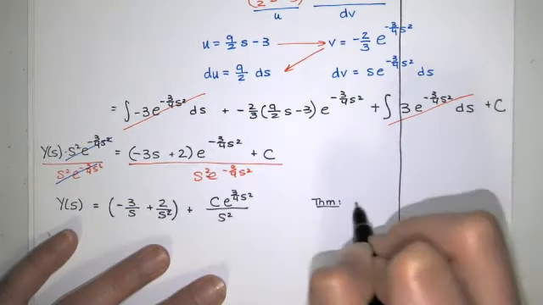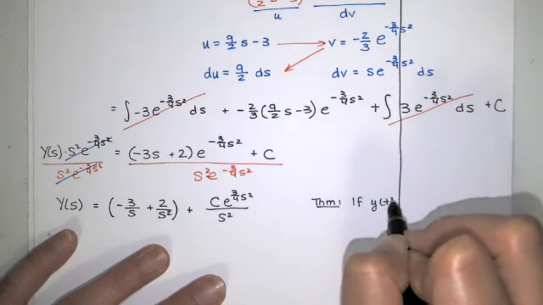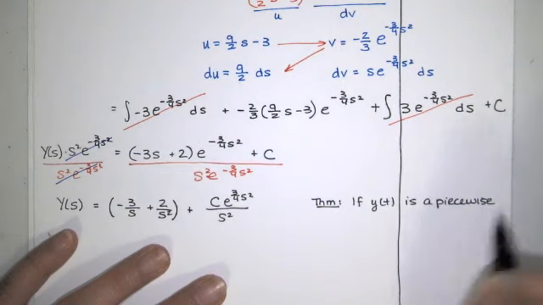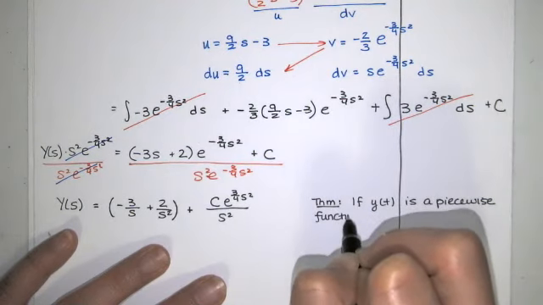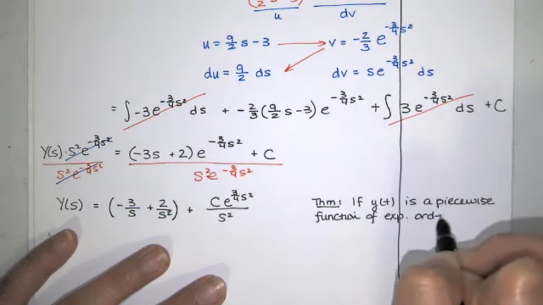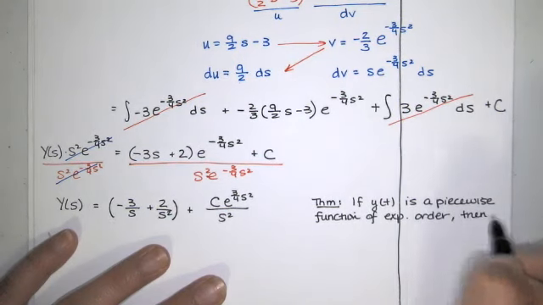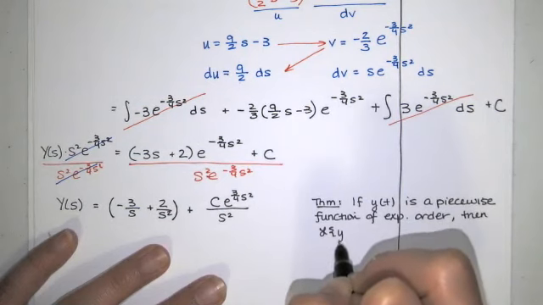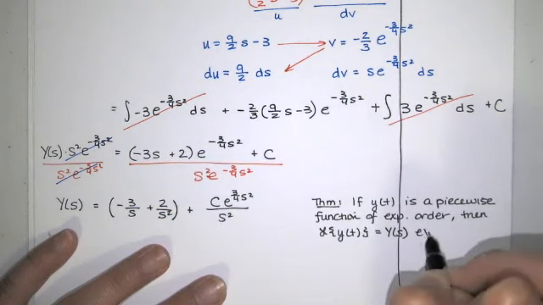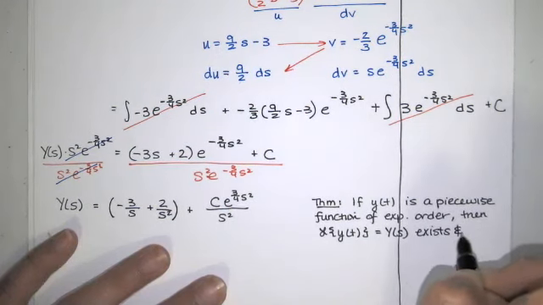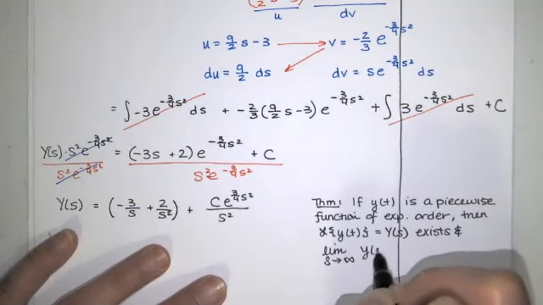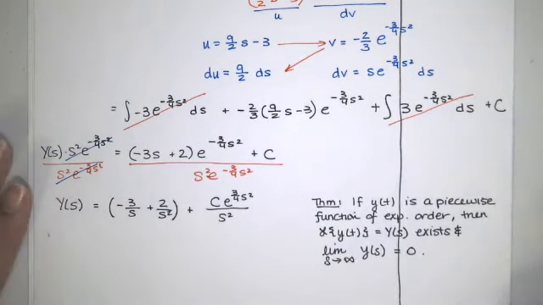Remember, we have this theorem: if y of t is a piecewise function of exponential order, then the Laplace transform of y of t exists, and the Laplace transform Y of s satisfies this. As s goes to infinity, the limit has to be 0.